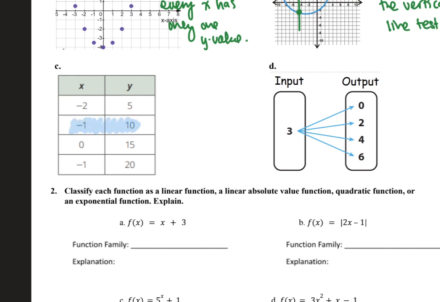The x value of -1 maps to 2 different y values. So we're going to say no, this is not a function, because -1 has 2 different y values.